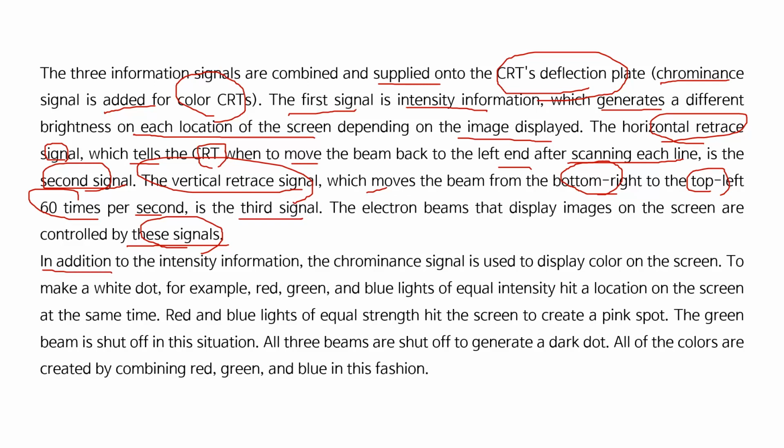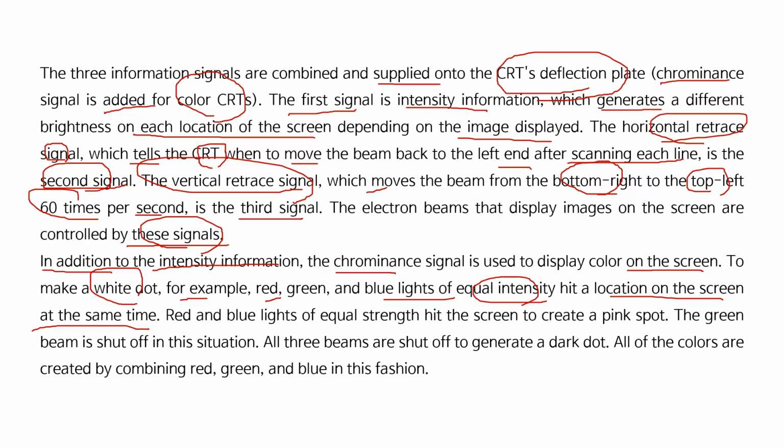In addition to the intensity information, the chrominance signal is used to display color on the screen. To make a white dot, for example, red, green, and blue lights of equal intensity hit a location on the screen at the same time, and then we can have the white spot.